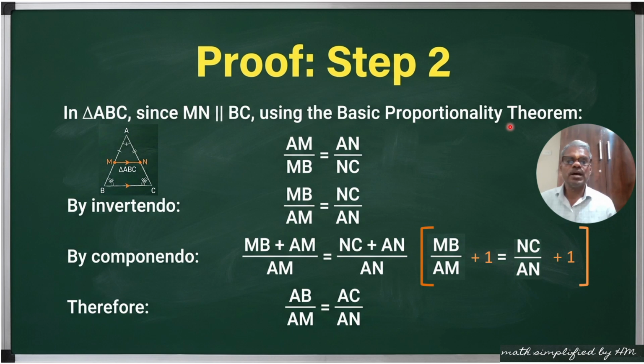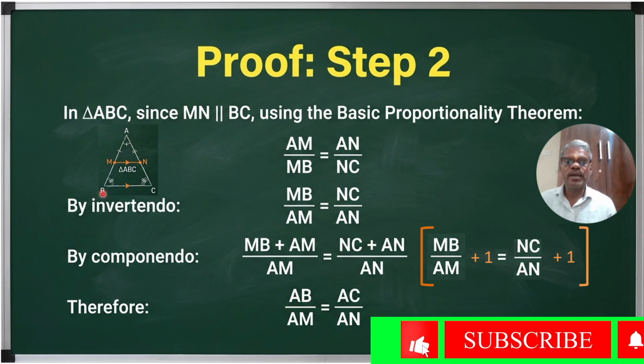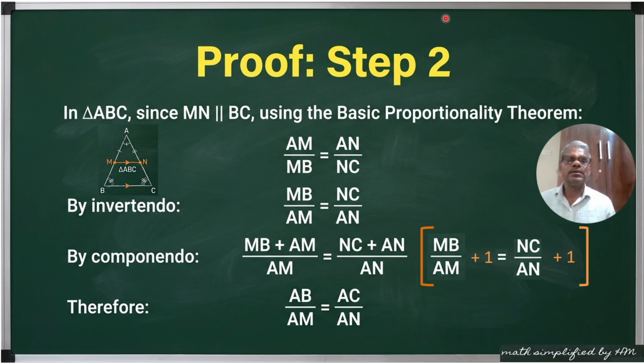Using the basic proportionality theorem, we get AM upon MB is equal to AN upon NC. To get the full length of the sides in our equation, we will use two quick algebraic steps. First step, invertendo, that means flip the equation: MB upon AM is equal to NC upon AN.